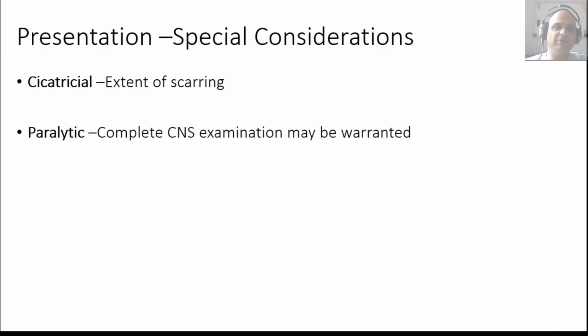Paralytic, as I've already talked about, you need to do a complete CNS examination because it is possible to get isolated seventh nerve palsy, for example, in the case of Bell's palsy. But usually, seventh nerve can imply involvement of the sixth nerve, the fifth nerve, as well as the eighth nerve. So you do the entire cranial nerve examination and would require maybe some other testing as well, depending upon your findings, and even maybe radiological investigations.